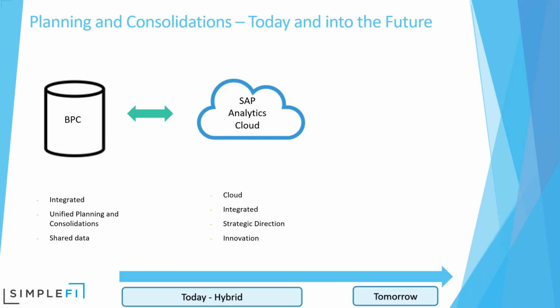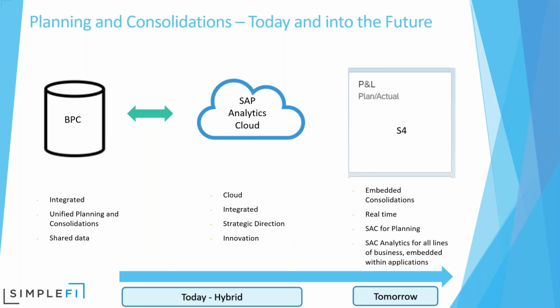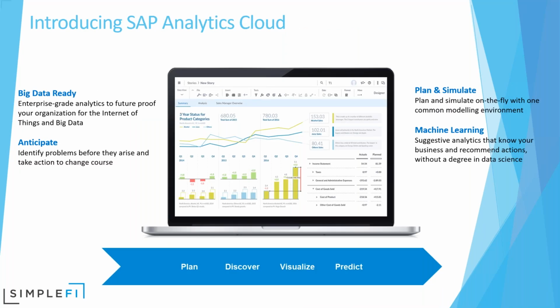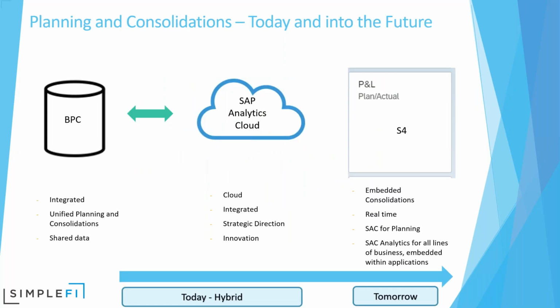So for companies, obviously, if your strategy is still on-premise, BPC is not going away for a long time, nor are the existing SAP analytics toolkits, but again, a lot of the investment from SAP is going into the cloud. And then obviously companies are making the move to S4 in the future too. S4, if you're not an SAP person, is the newest release of SAP ERP.